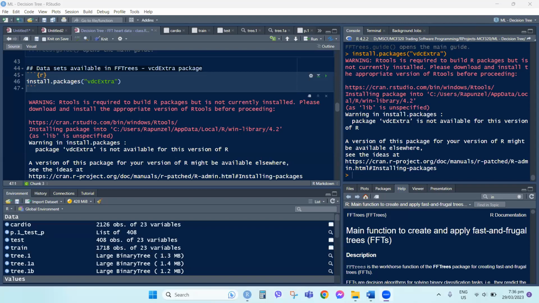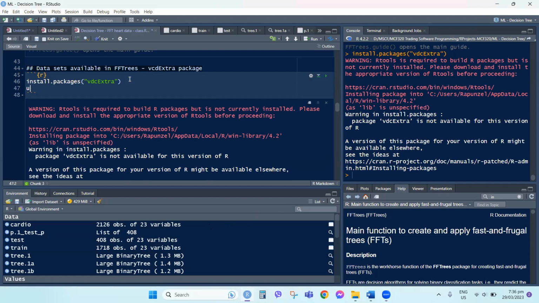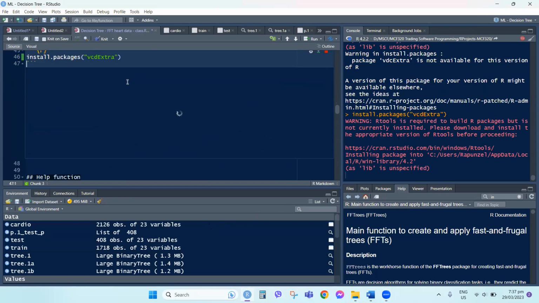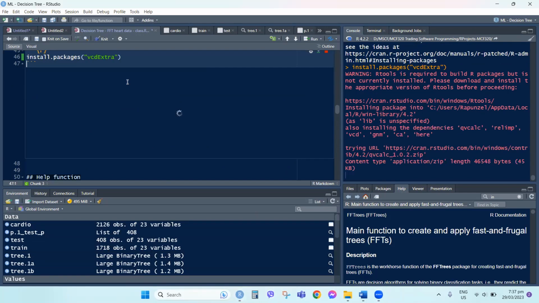Sige, pag ganyan, i-install mo nga muna si Rtools. Sir, parang po, vdc kasi yung na-type niya yata. Ay, vdc pala. vcd, dapat. Sige, try mo nga muna bago mo i-install si Rtools. Try mo na vcd. Ayan, mukhang okay na.